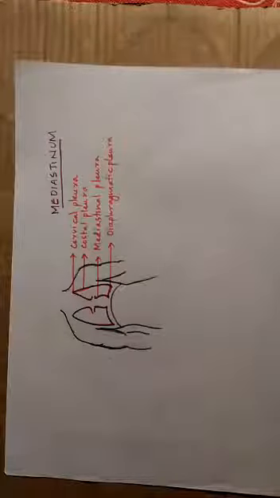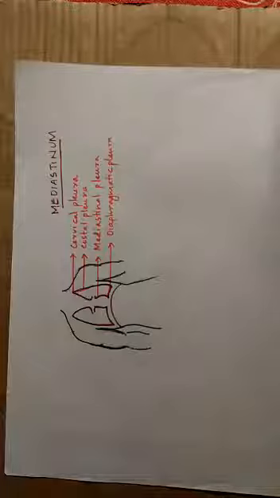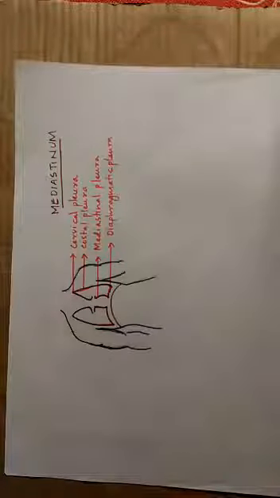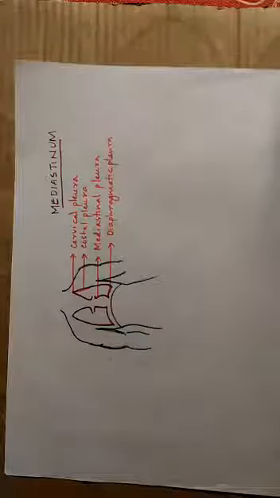The two lungs are protected by a covering called the pleura. Pleura is two-layered: the inner visceral layer, which is adherent to the lungs, and the outer parietal layer, which is named according to the region in which it is placed.